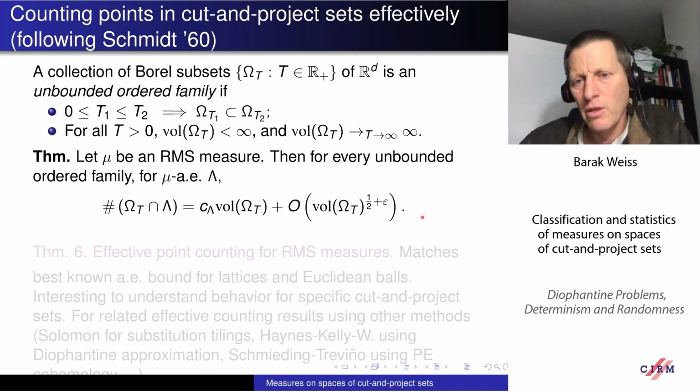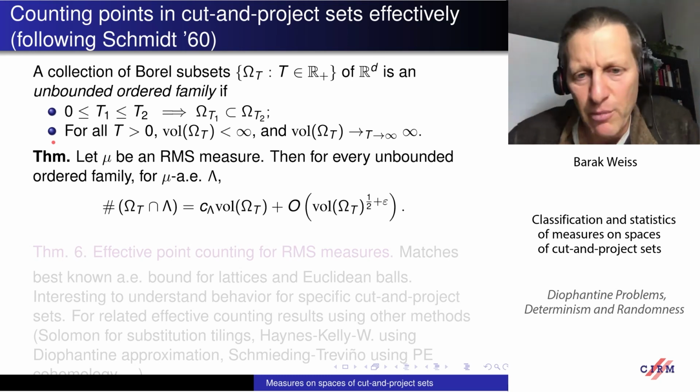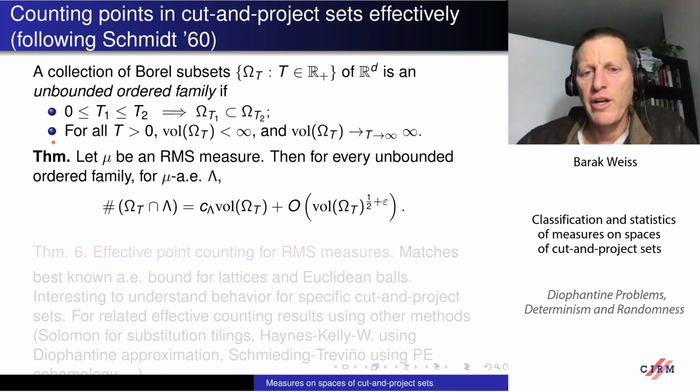Even if you talk about Euclidean balls, not just this very general setup of an unbounded ordered family. Just take Euclidean balls and count the number of lattice points in a Euclidean ball. If you want to know the behavior of the error term for the counting problem in a typical lattice, typical with respect to the natural measure on the space of lattices, that's an open problem, and Schmidt's bound is the best bound known to date.